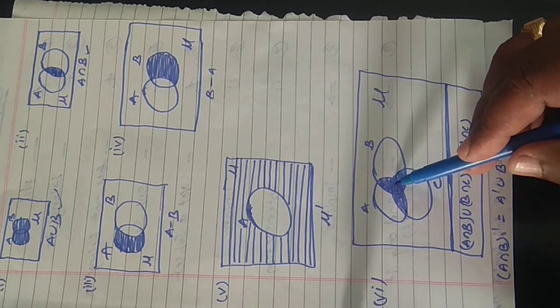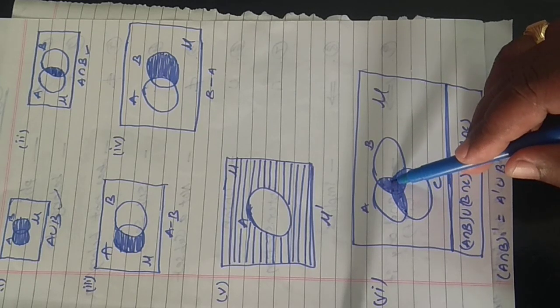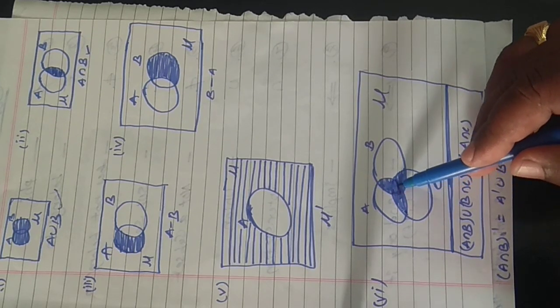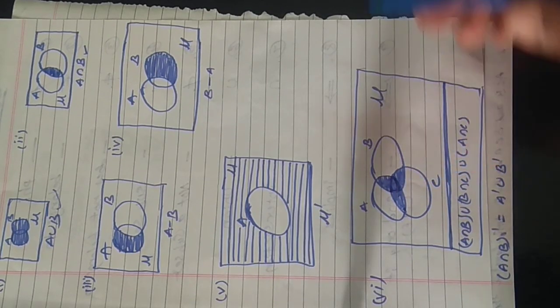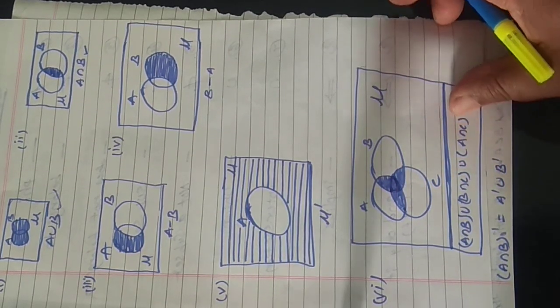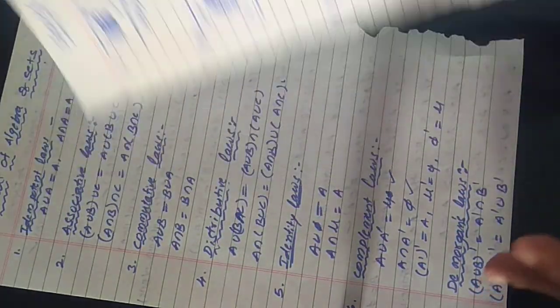So in the middle of the union will also come into these 3 sets. Okay, this is the Venn diagram, some Venn diagrams in the sets.